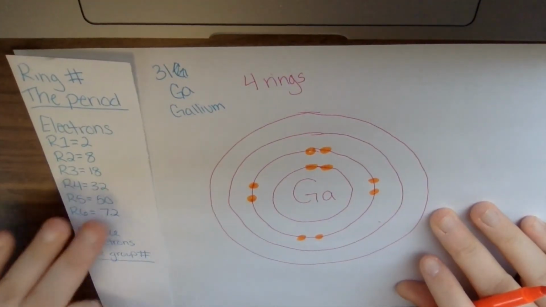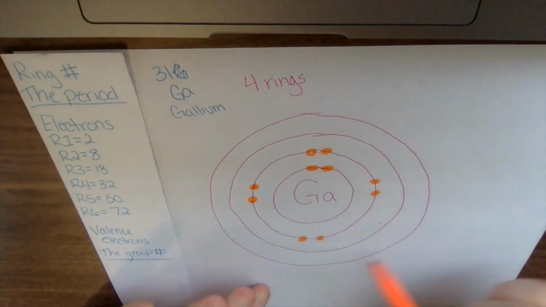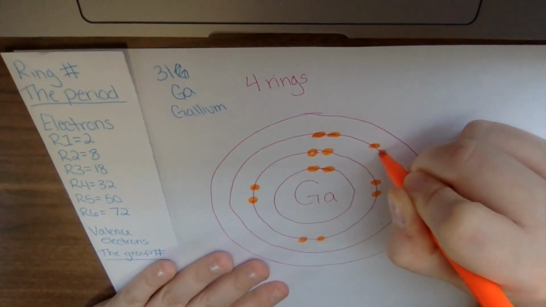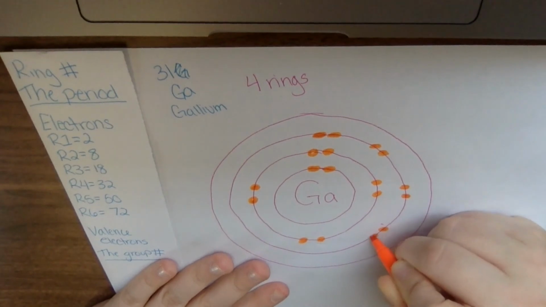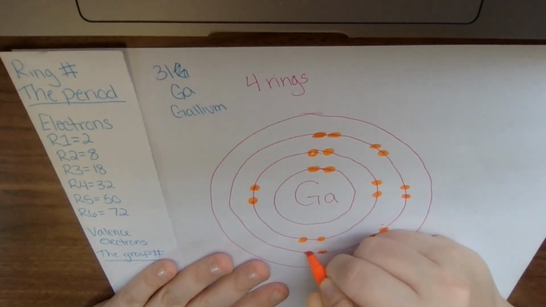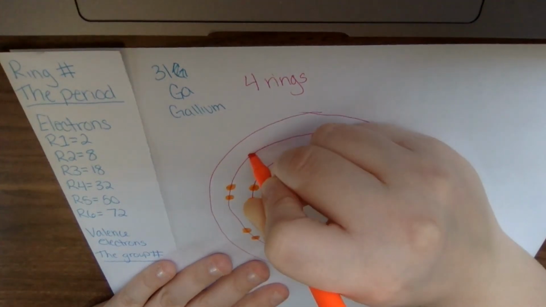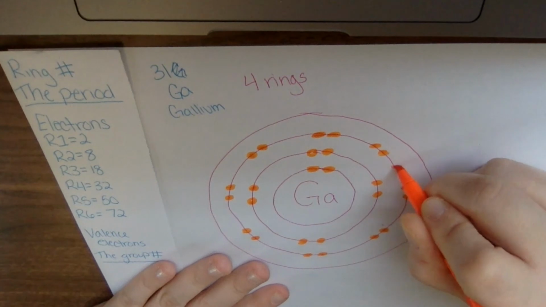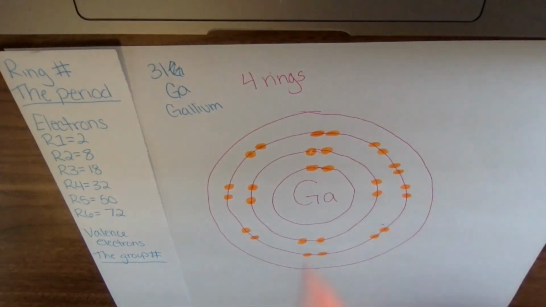Ring 3 can hold 18 electrons, so I'm going to go ahead and draw 18 in ring 3. 1, 2, 3, 4, 5, 6, 7, 8, 9, 10, 11, 12, 13, 14, 15, 16, 17, 18. So we have 18 electrons in that 3rd ring.